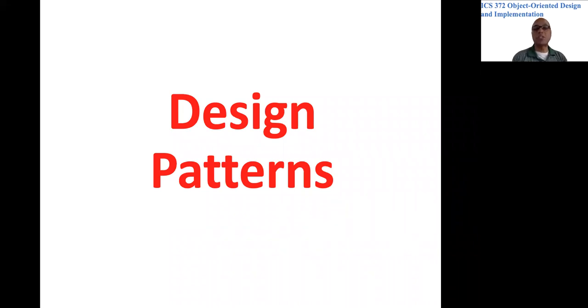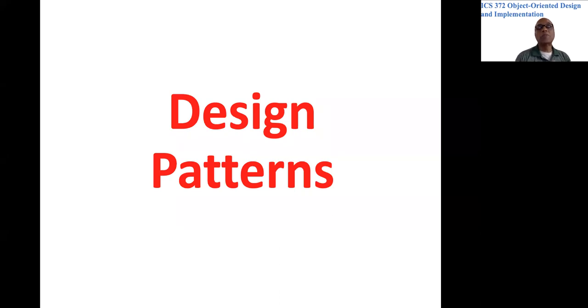But what these people, there were 4 of them in the mid-90s, what they did was actually identify a number of such problems that recur in the IT field. So the corresponding solutions to these problems are called design patterns.